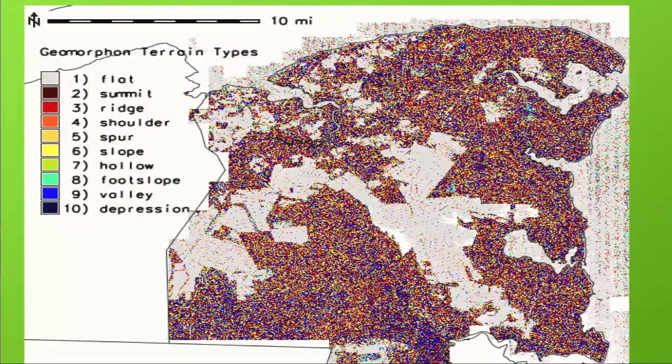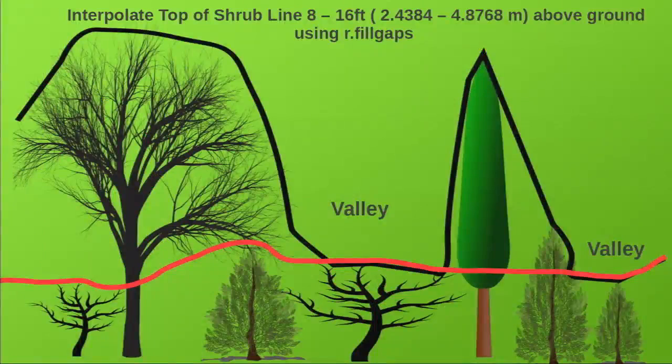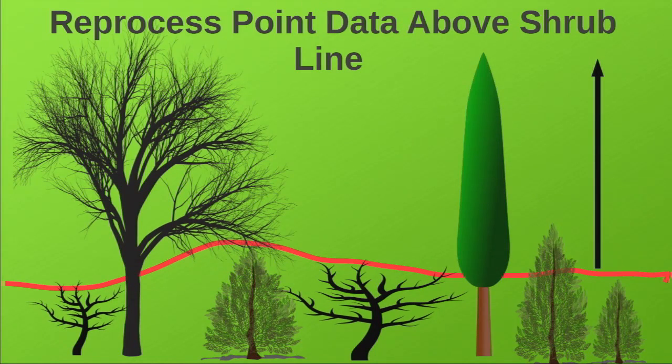You see the blue of the valleys and such, and I'll pull out those areas that are in those three classes that fall between 8 and 16 feet above ground. And then I'll interpolate the elevations from the DSM between them so that you have a single plane cutting across that. And then you reprocess the point cloud using that as your base raster layer.